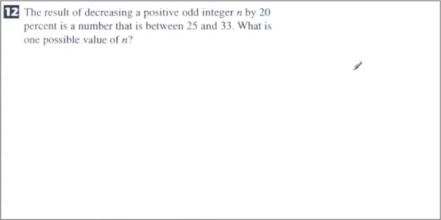Now, number 12. The result of decreasing a positive odd integer n by 20%, that means when you reduce it by 20%, ultimately we are looking at 80%, which is 0.8 of n. It's between 25 and 33.